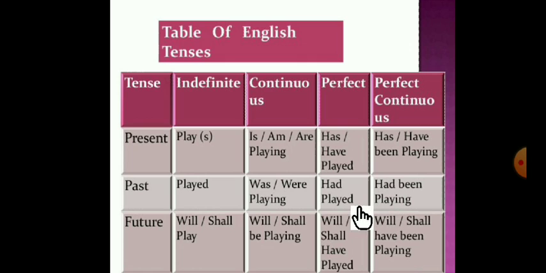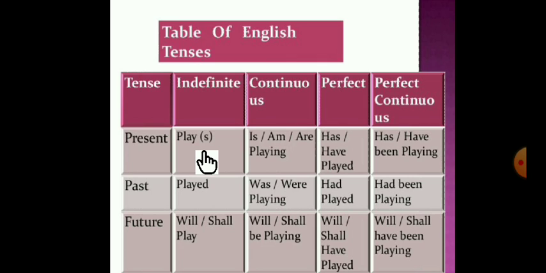So in the previous class we learned about this table. So let's begin with the verb play. In the present simple or simple present, play can be written as it is, in the form of play, or you can add s, plays, in front of a singular subject.